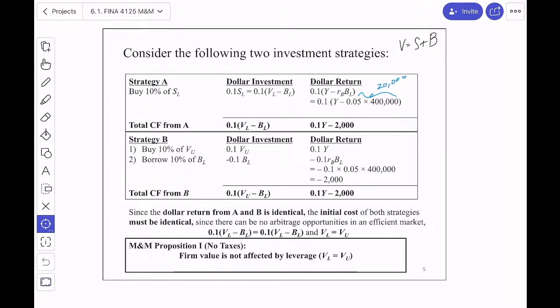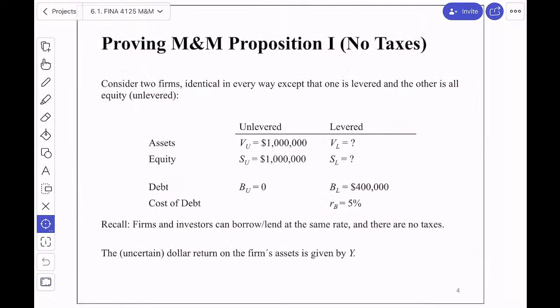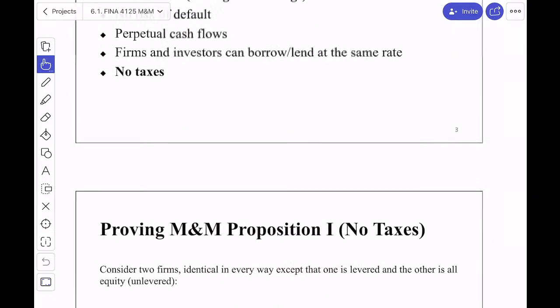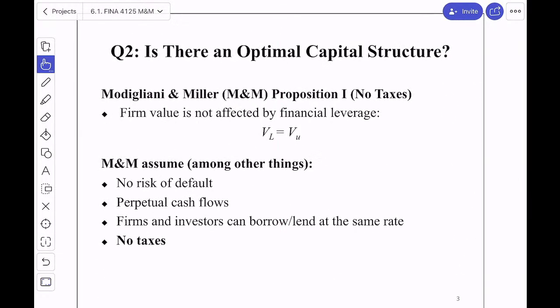So I've removed all the risks. Going back to the assumptions, it's all in here. So I made it happen. There's no risk of default, so shareholders are not concerned about default risk. The firm's going to exist forever. Cash flows are perpetual, it means it's going to be the same forever. And there's the same rate for borrowing and lending and no taxes.